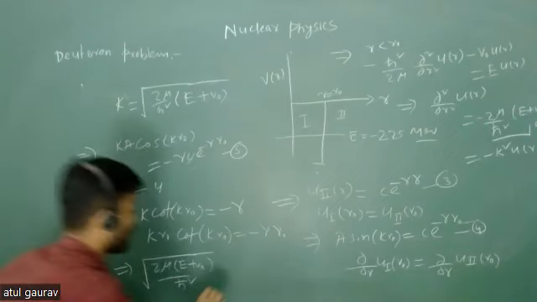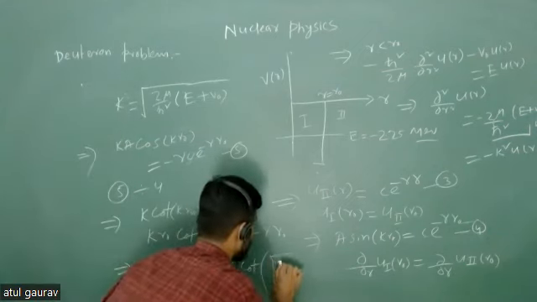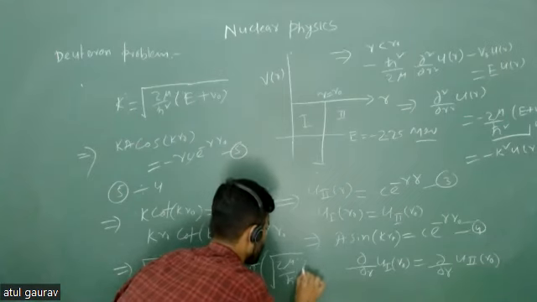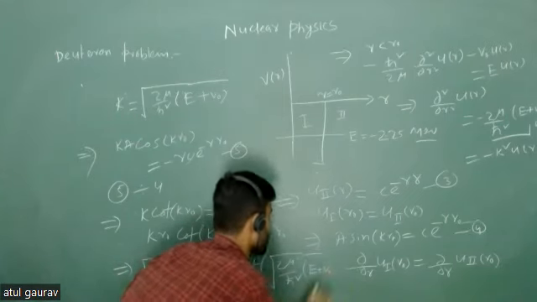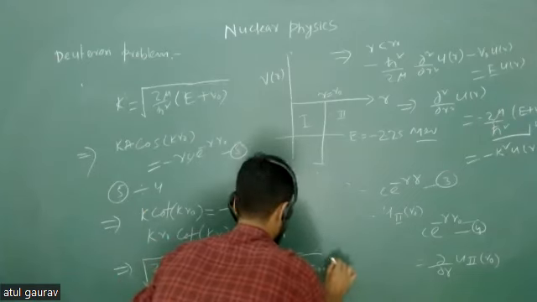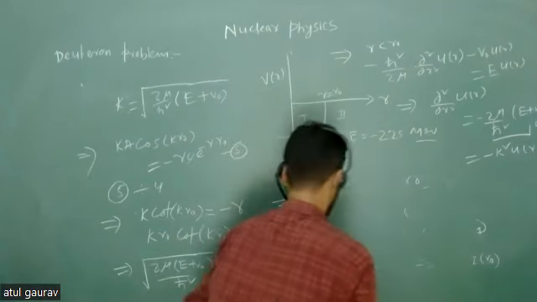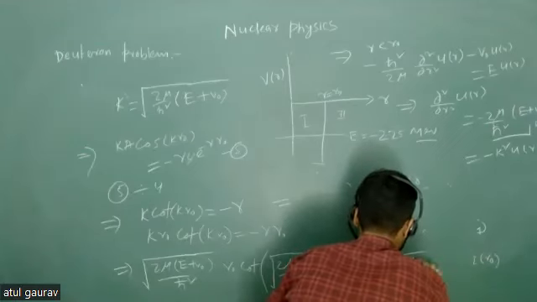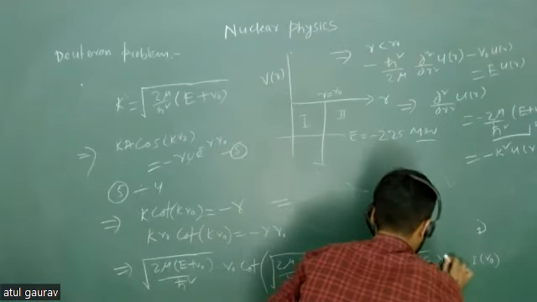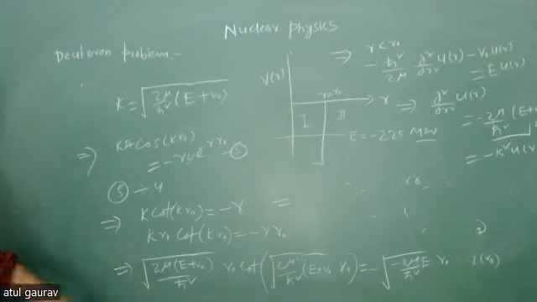Then you have r0, then cot, again k is there, so square root of 2 mu divided by h cross square (E plus V0), and you will have r0 equals minus gamma r0, where gamma was the square root of minus 2 mu E divided by h cross square. This is your equation.